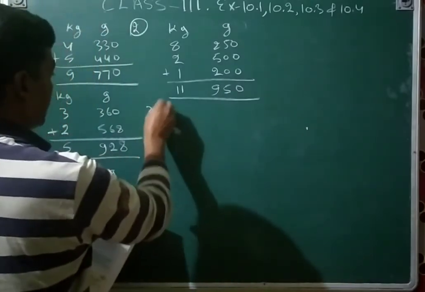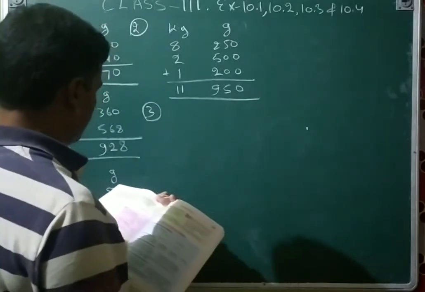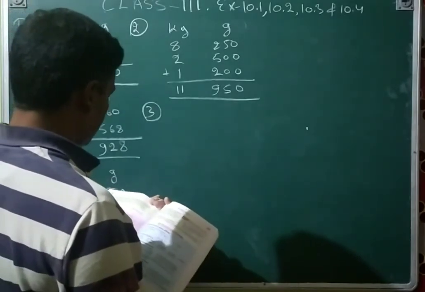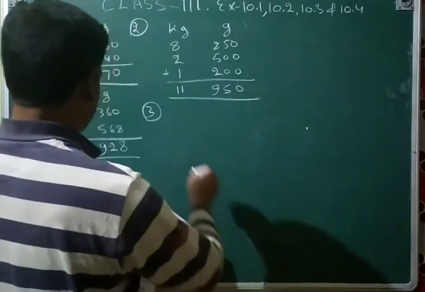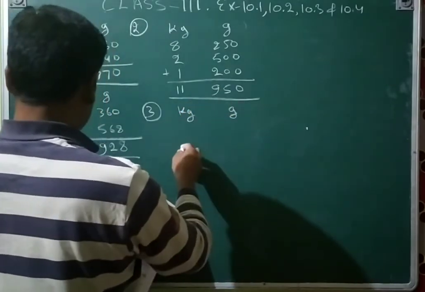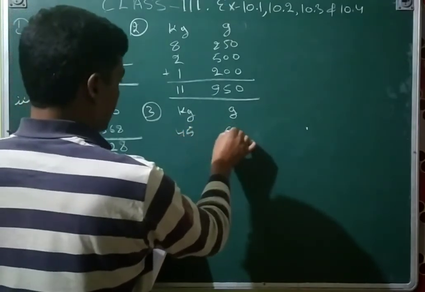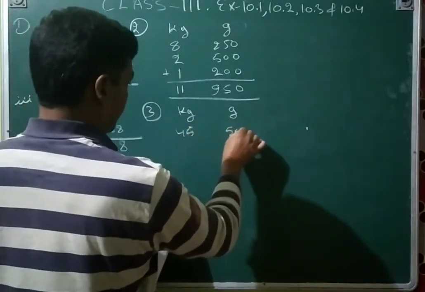That is the third question: the weights of 3 boys, we find the total weight. So that will be kg and gram. The first boy's weight is 45 kg 500 gram.